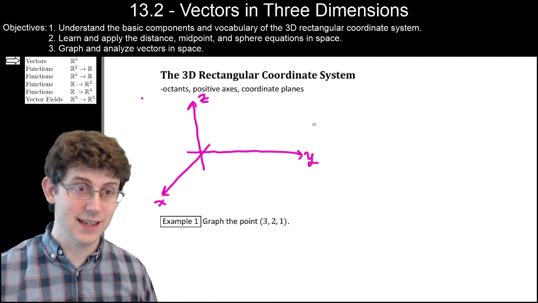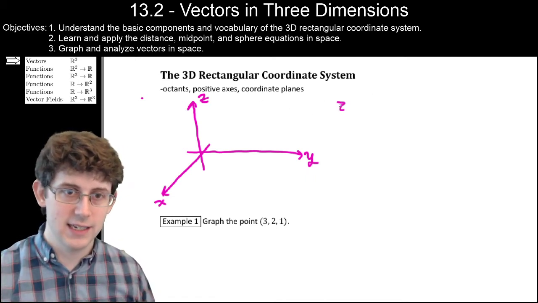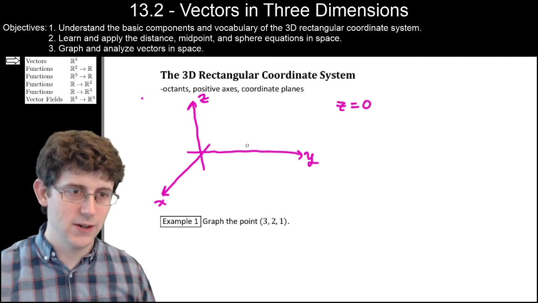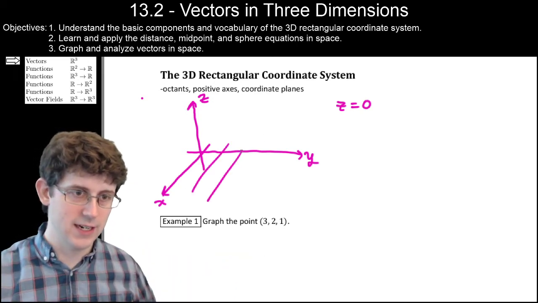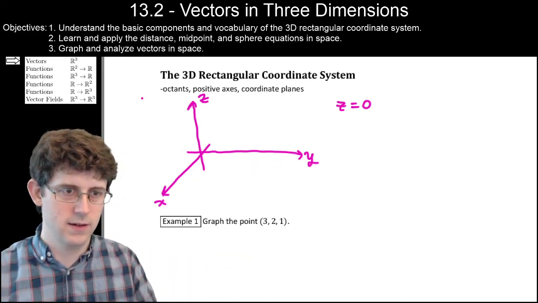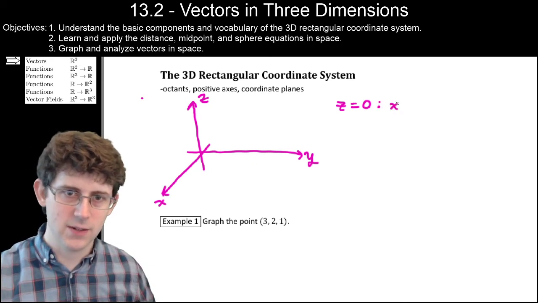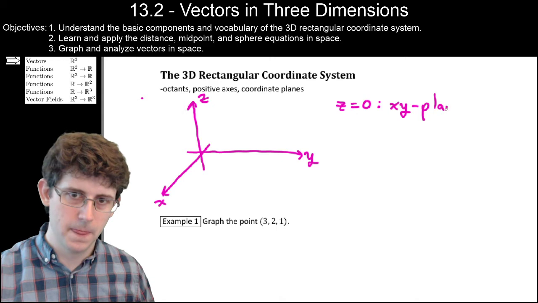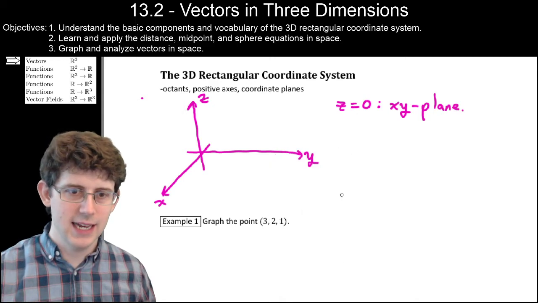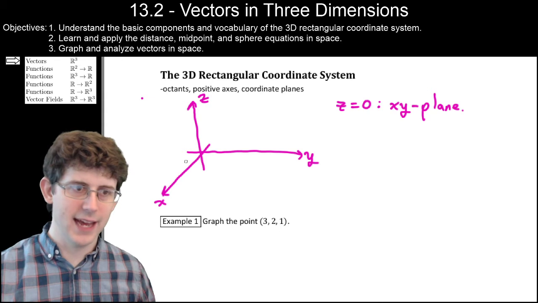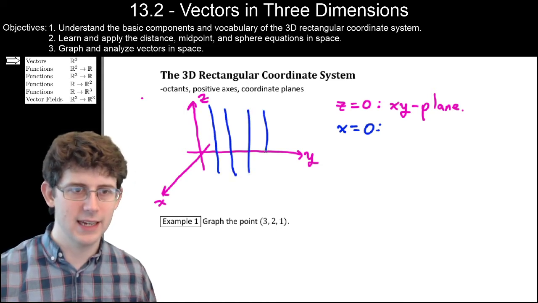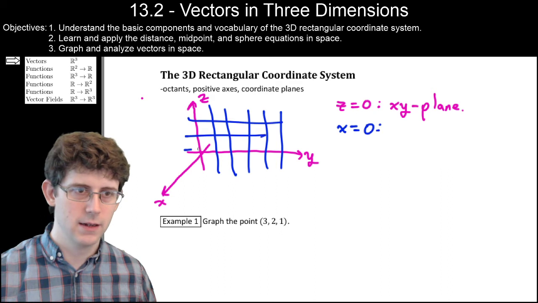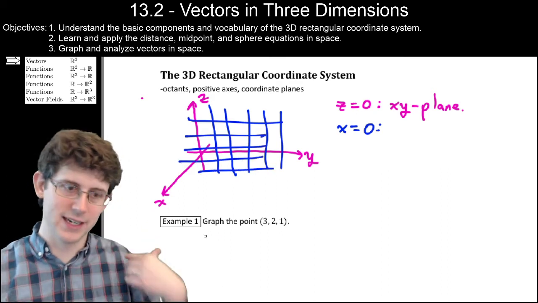Then there are the coordinate planes. If you set z equals 0, that's all the points in the xy plane, like on the flat plane of the ground here. So z equals 0 is called the xy plane. If you instead set x equal to 0, that's everything in the plane that's flat on the paper, like back here, with the x-axis sticking out of it.